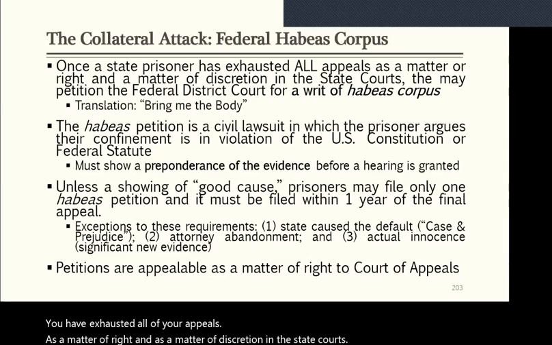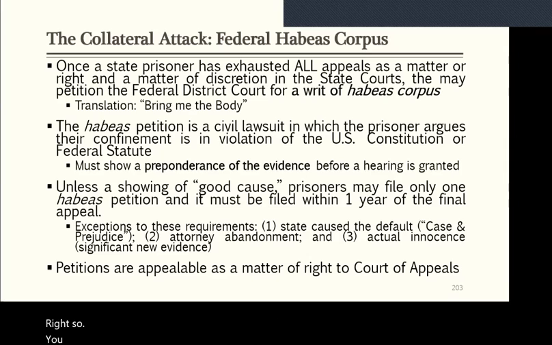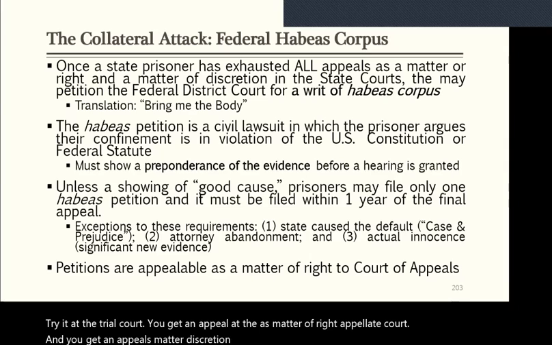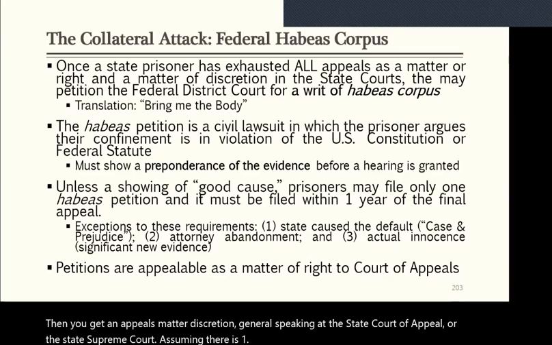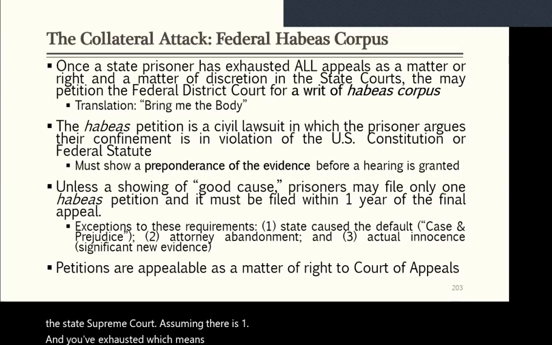So you get tried at the trial court, you get an appeal as a matter of right at the appellate court, and you get an appeal as a matter of discretion, generally speaking, at the state court of appeal or the state Supreme Court, assuming there is one. And you've exhausted them, which means the courts have said no, or they've not found in your favor, whatever, right? It's done.